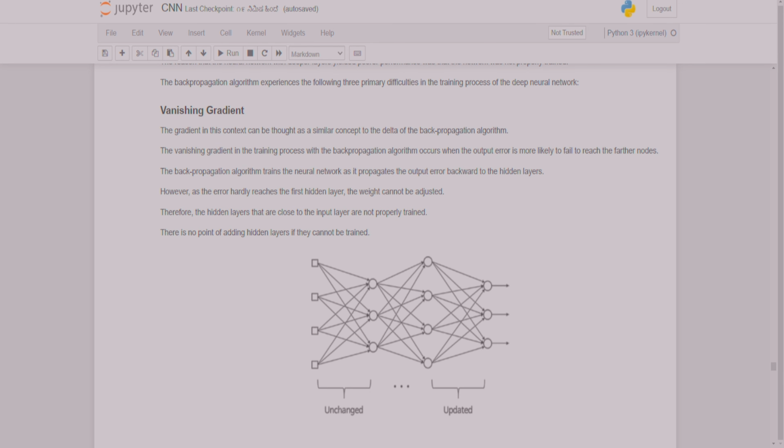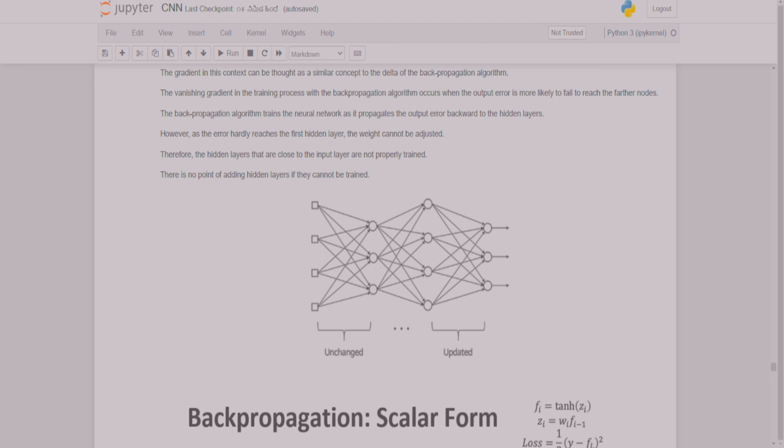So the first problem which has been addressed is called the vanishing gradient. When we have a huge number of hidden layers between the input and the output layer, we observe that the error backpropagation is not going to happen efficiently as expected. This is because the gradient, or the change in the error, is not able to reach towards the input.